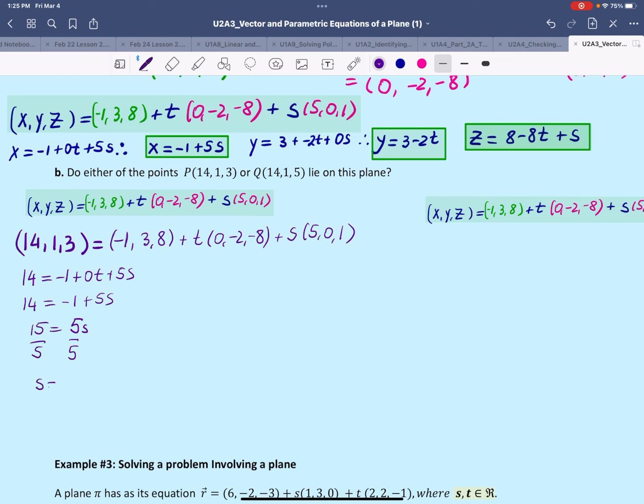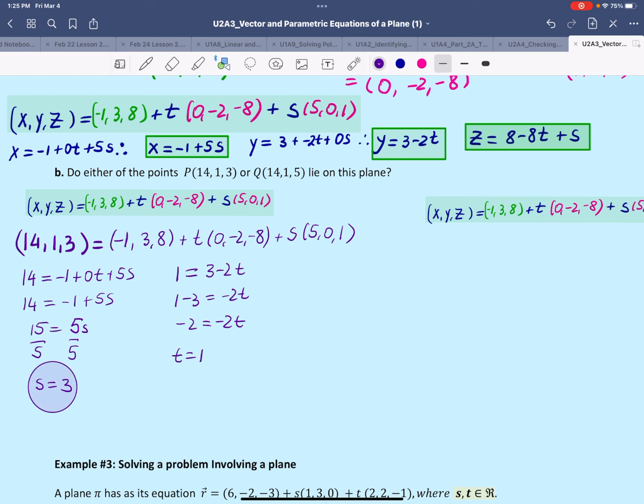So we have s equals 3. So I'm going to grab the parametric equations. They're easier to use. So we have the y coordinate, which is 1, equals 3 minus 2t. So that means 1 minus 3 equals negative 2t. Negative 2 equals negative 2t, and that gives the t value of 1.